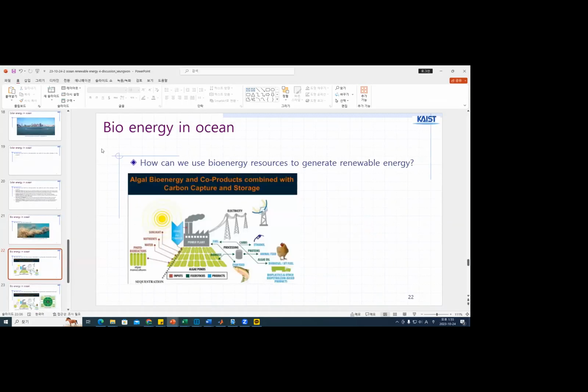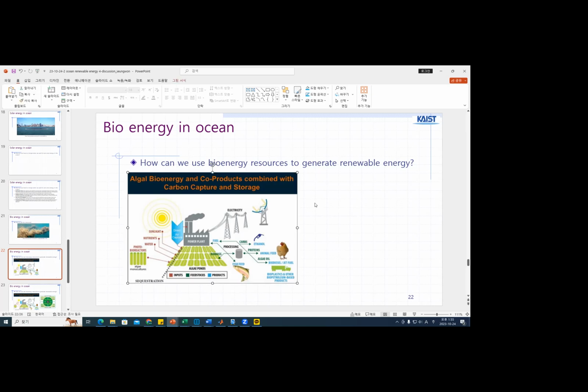Okay, so let's talk about how we can use bioenergy resources to generate renewable energy. This is the schematic of producing bioenergy to produce electricity or biofuel.